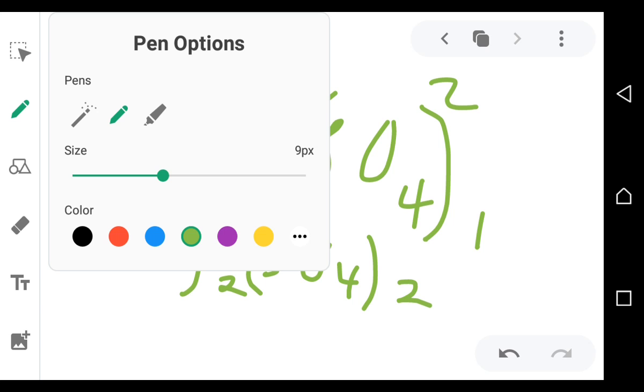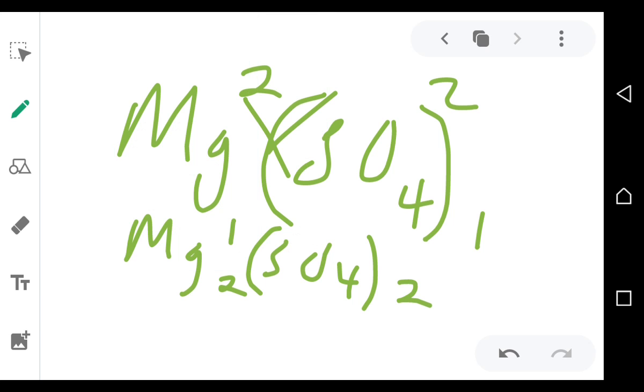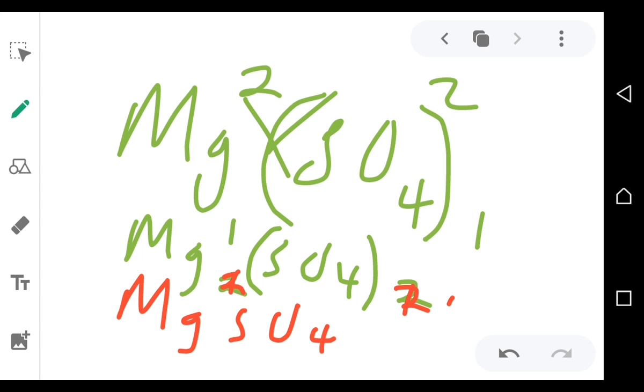But I taught you that if the 2's are the same, there's a 2 there, there's a 2 there, it means they can divide. They are prime factors of one another. So it will be magnesium 2 into 2, 1. It's just 2 into 2, 1. So it means it's just magnesium sulfate. This is what I'm supposed to put on the equation.